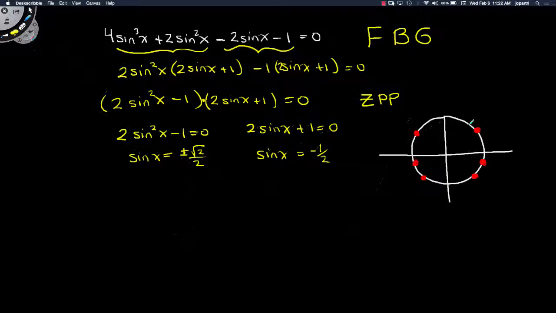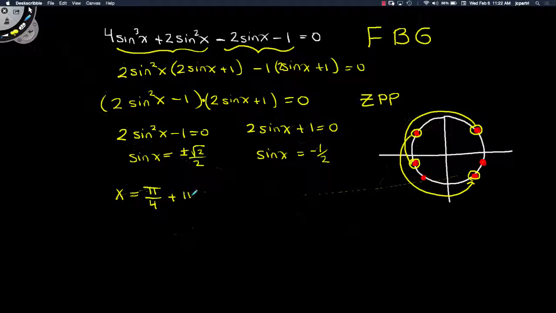So this solution is separated by 90 degrees to this solution, and this solution is separated by 90 degrees to this solution. Actually, 180, I'm sorry. A pi rotation is what I meant to say.